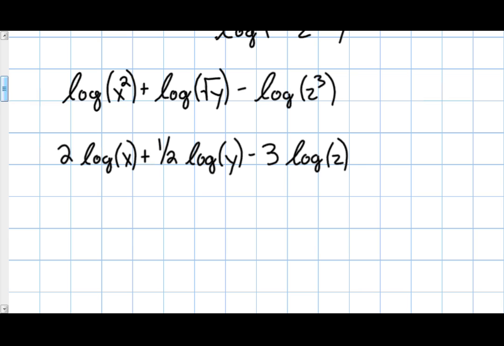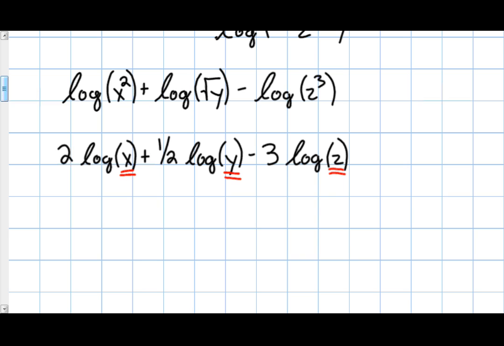Now when you're expanding these, you know you're done when you have x, y, and z all by themselves. So there's nothing around them. So here I've got my x, my y, and my z. There's no powers or anything like that. So I can go ahead and sort of pat myself on the back and say, job well done.